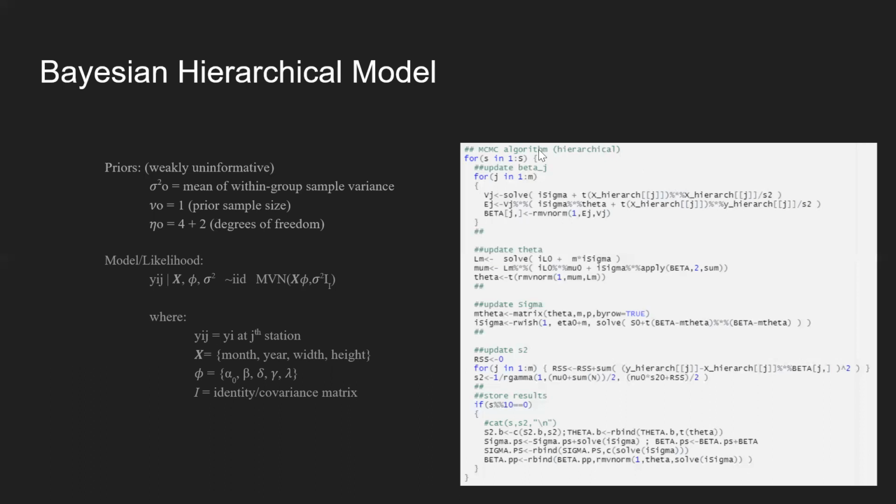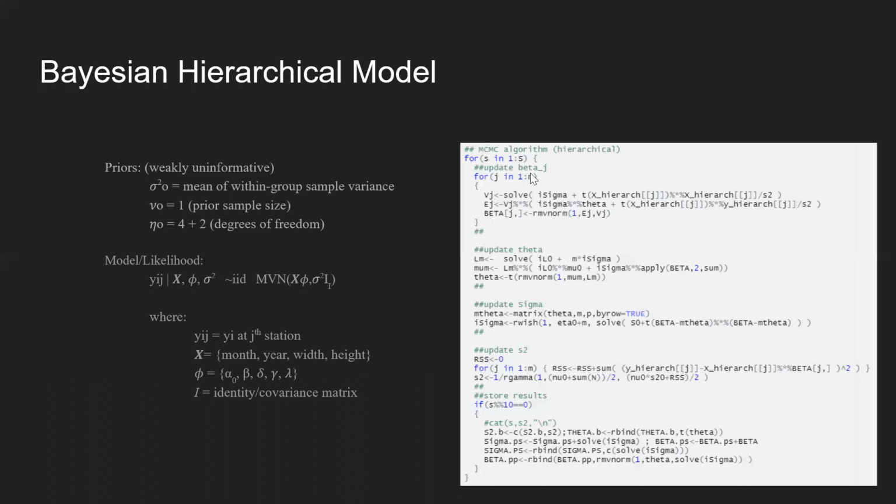Our hierarchical algorithm includes the flow that updates the beta based on the priors and the variables that we plug into the model.